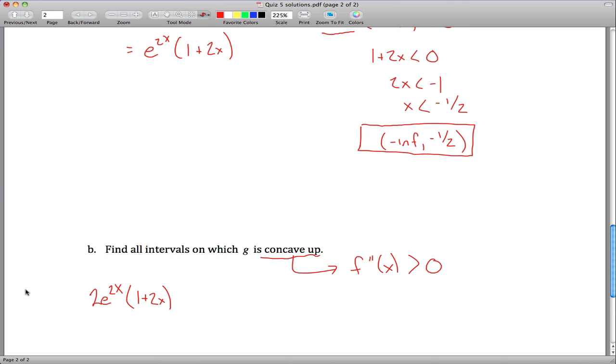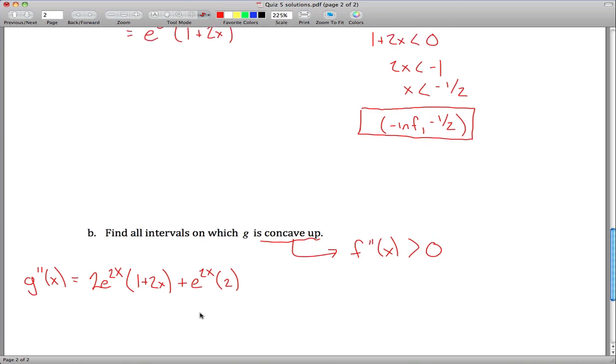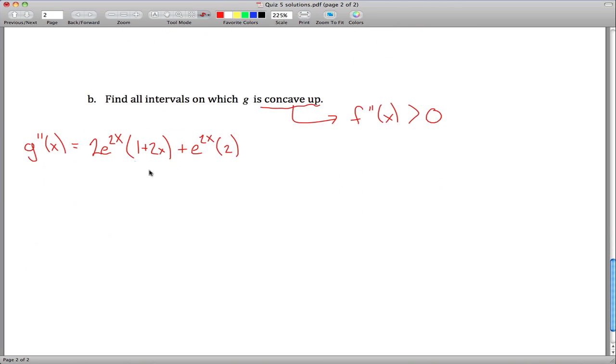So what I'm figuring out here is g double prime of x. And then to this we have to add, leave the first guy alone, and multiply it by the derivative of the second, which is just 2. We could probably simplify this a little bit. Both terms have an e to the 2x in them, so we can pull out 2e to the 2x.